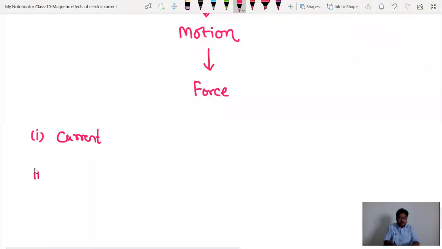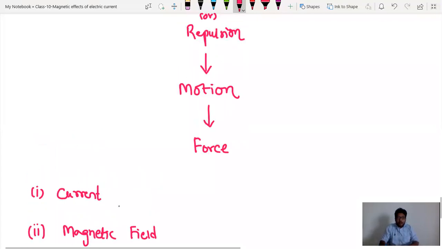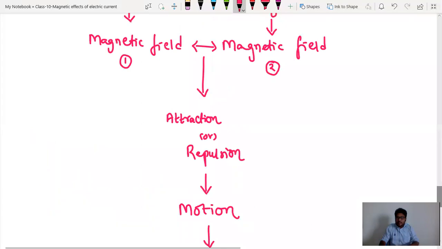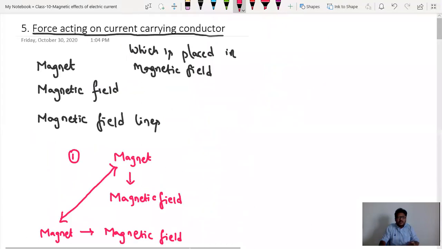Second important thing is magnetic field. Third important thing is motion, that is nothing but force. So coming to the topic's name: force acting on a current carrying conductor which is placed in a magnetic field.